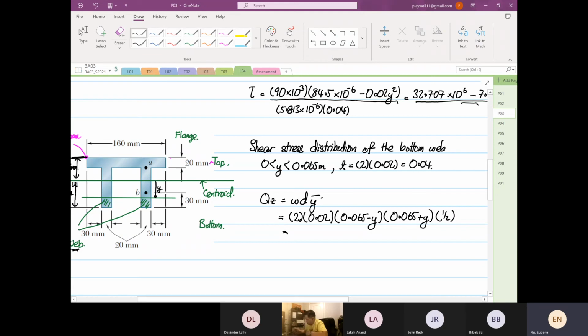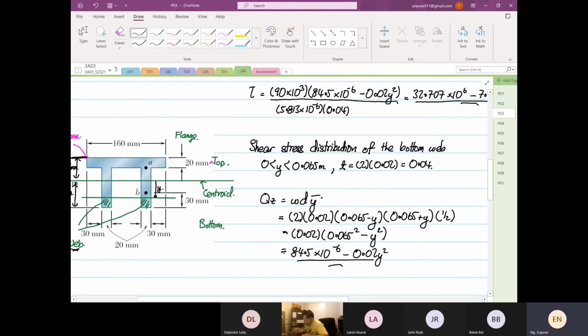So this will be equal to 0.02 multiplied by 0.065 squared minus y squared. So this will be equal to 0.065 squared times 0.02, which is 84.5 times 10 to the power minus 6, minus 0.02 y squared.